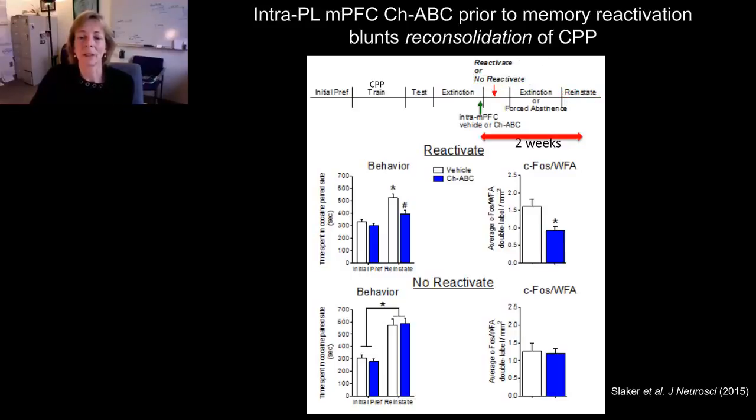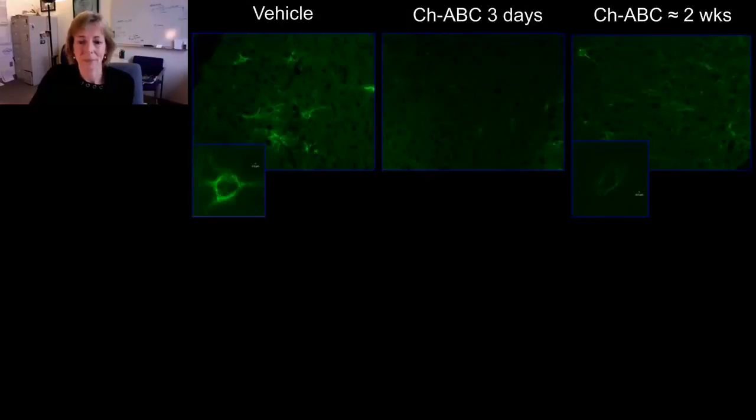And one thing that I would like to show you too, and we checked, was how well were these NETs reformed 2 weeks later, because this is the period of time between when the CHABC was given and when the animals were reinstated. And that's shown here. So on the left side is shown vehicle-treated rats, both with a lower magnification and a higher magnification. And then I showed you before what happens after CHABC.